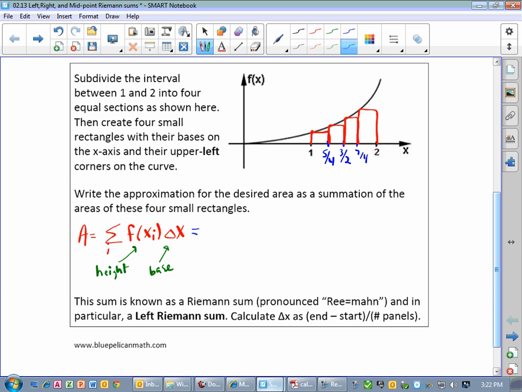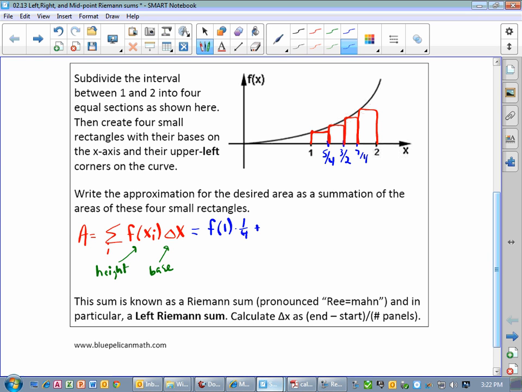Now, in terms of our problem here, notice that the first height was f of 1. We don't know the exact y value because we don't know what function this is. But this is f of 1 times a base of 1/4, the width of our interval, plus, remember sigma notation is just a way of saying add up a bunch of stuff.